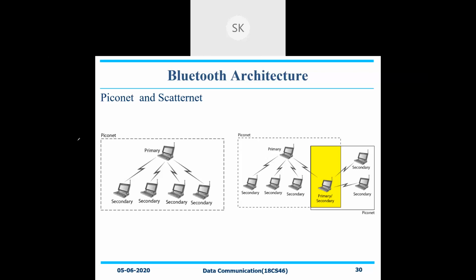Primary is nothing but the master, one simple node by the name master. All the remaining ones are named secondary, so these are your receivers.